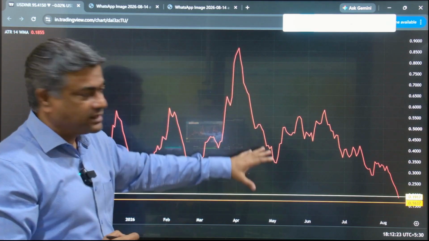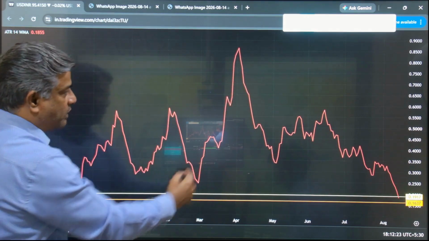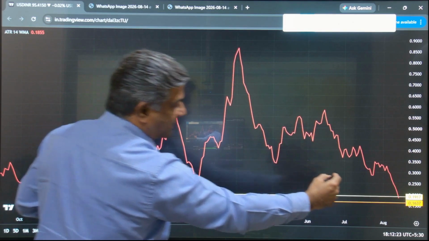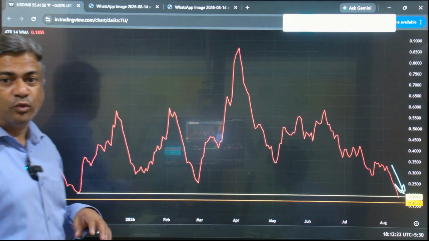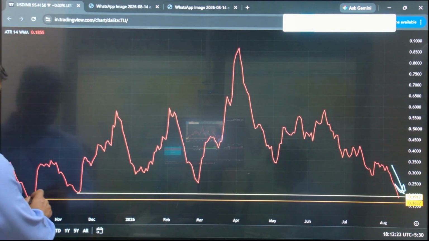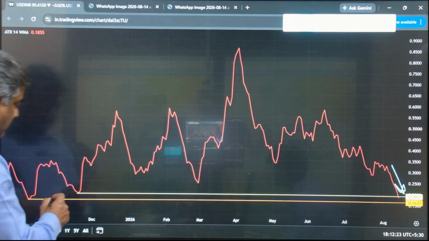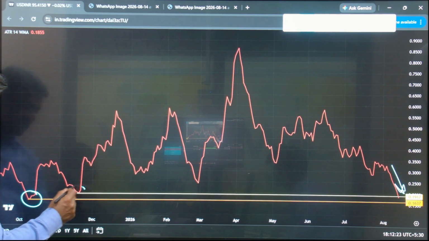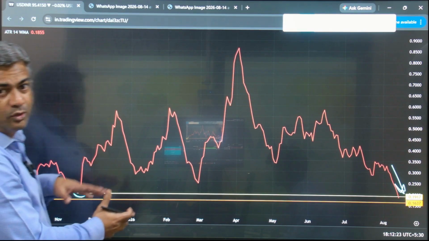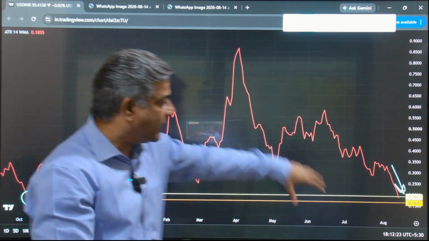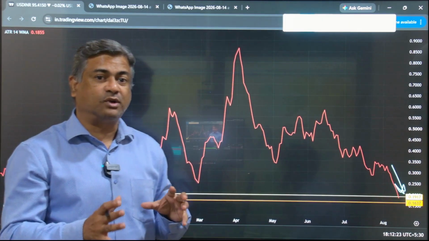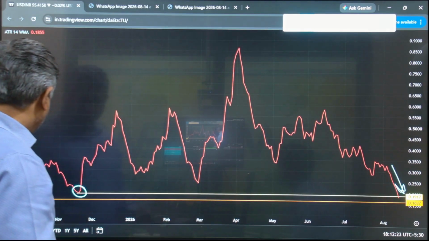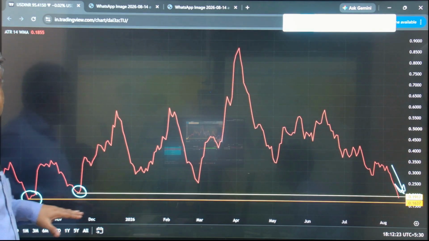So if you look at this average true range, see how it has gone higher during volatile times and how it has collapsed in the last 1 week or so, and it has reached the lowest levels. Remember, look at these levels here. These are the real low levels of ATR and now it is inching to that range, the lowest levels of ATR since October, November, December last year.